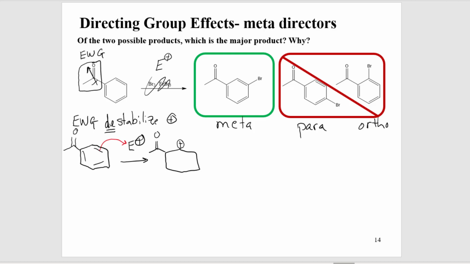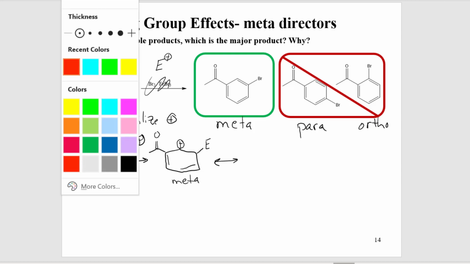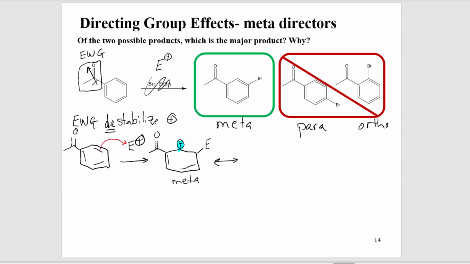The carbocation goes ortho, the electrophile, the new incoming group, goes meta, and you can see that the positive charge is never going to be at the foot of the withdrawing group.